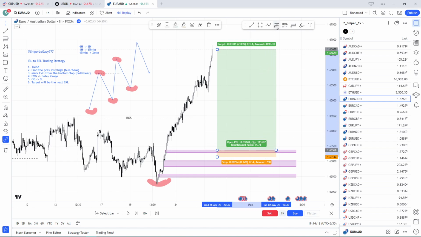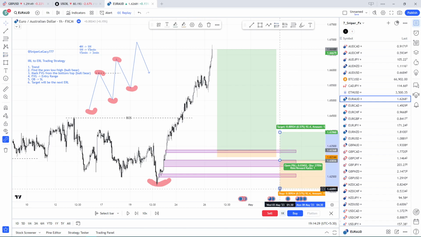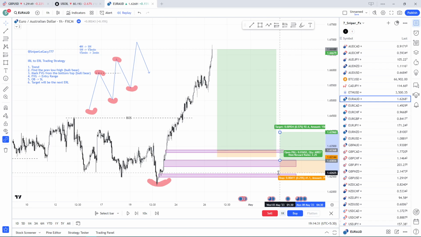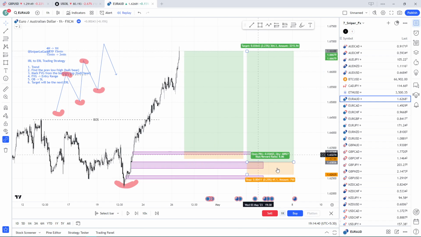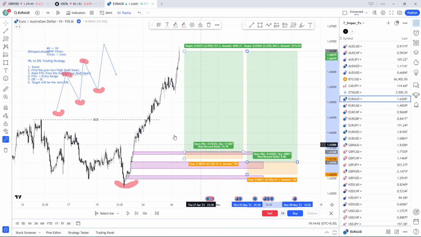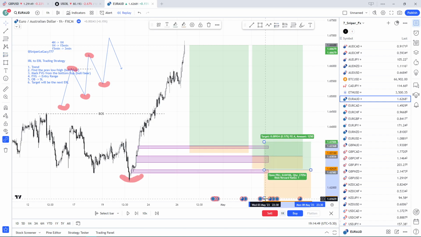Okay, so this would be the first trade, and let us assume that this FVG did not work and the market actually came to test this FVG. Okay, so let us take entry on this FVG, with SL below my OB, target my ERL. ERL is this one as of now. So we have our 1:8, and if this also did not work, this should work.